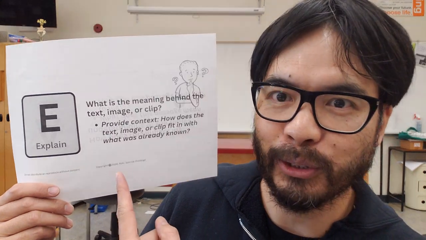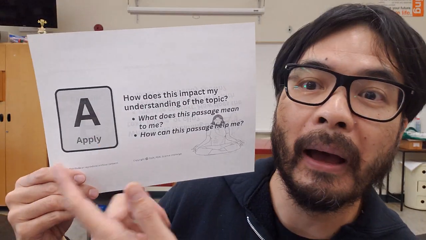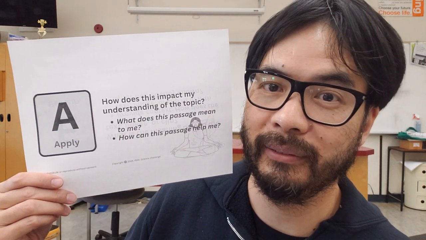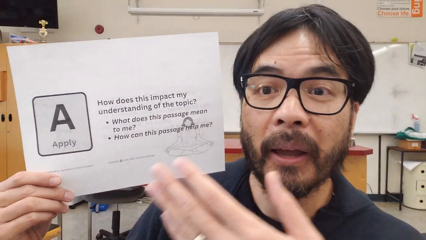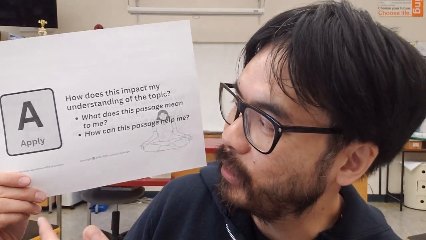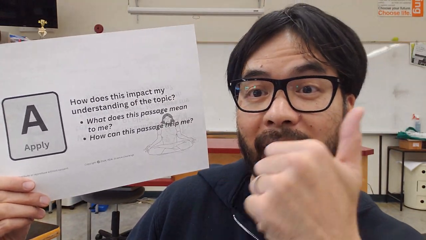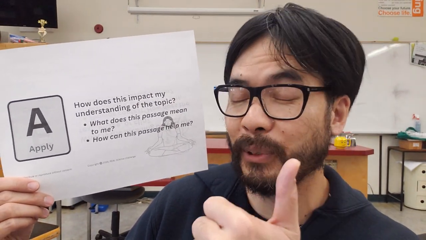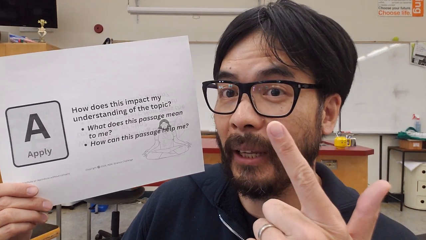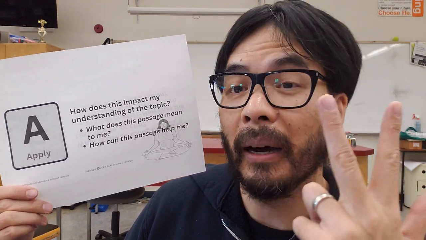That should go into the explanation. Next, after the explanation, they need to apply it to their own lives. What does this passage mean to me? All right, so again: highlight what jumps out at me, explain, provide some context, apply.